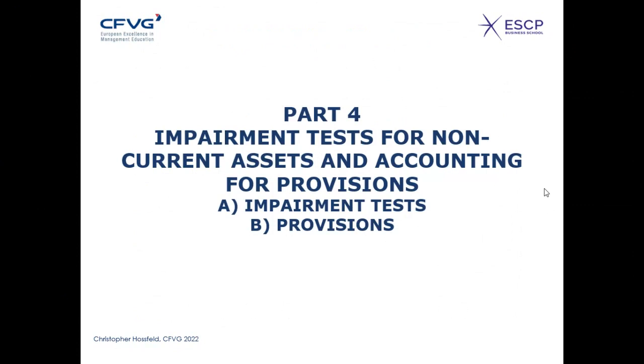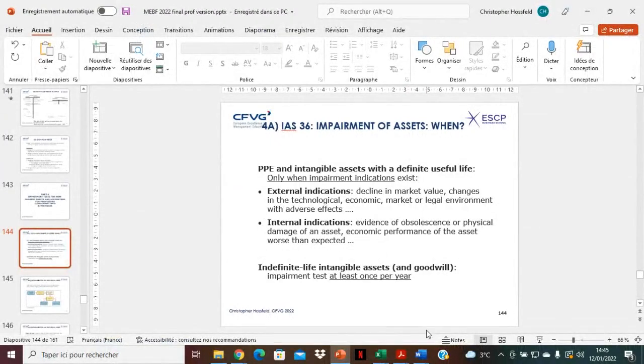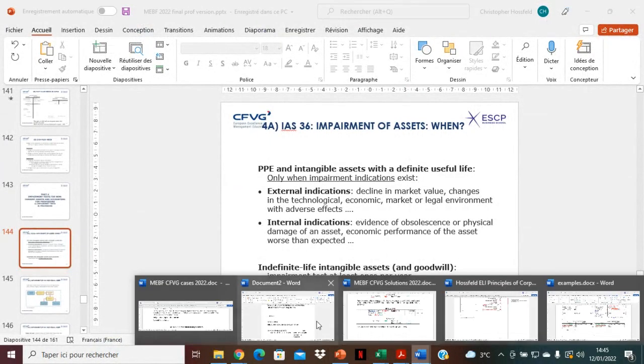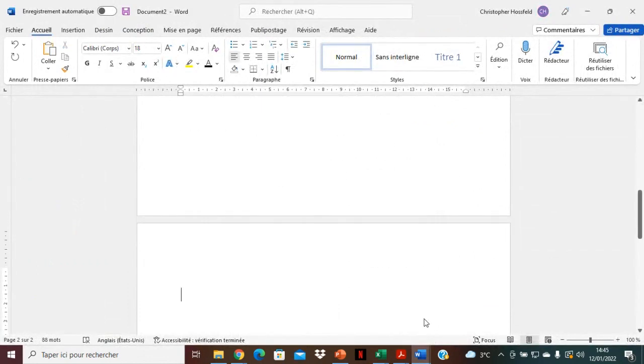Then let's move to the last part where we talk about impairments, impairment testing and provisions. Maybe before we do this, some general considerations regarding impairments. What is an impairment?